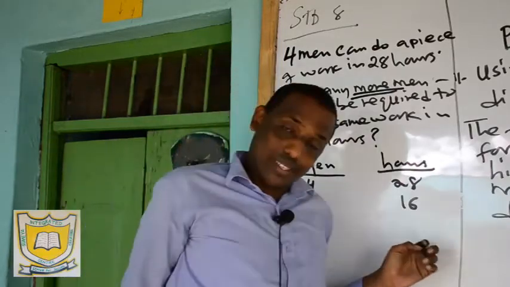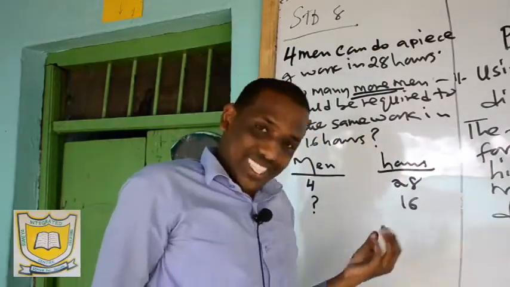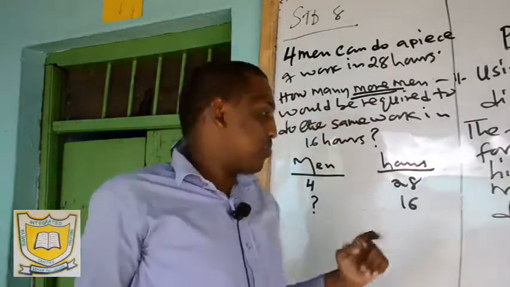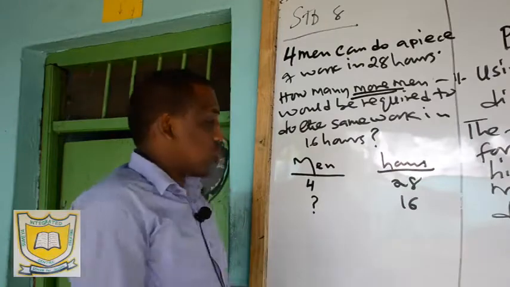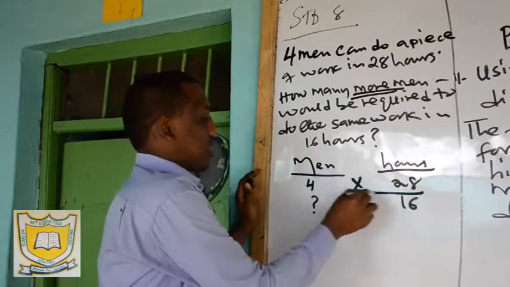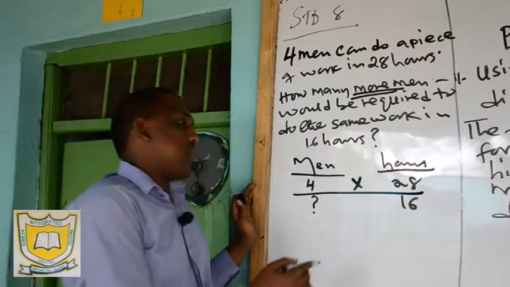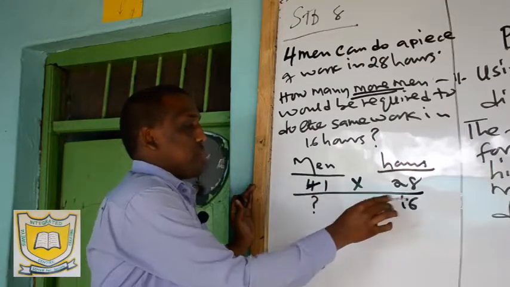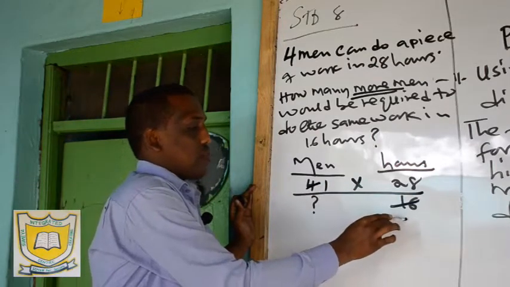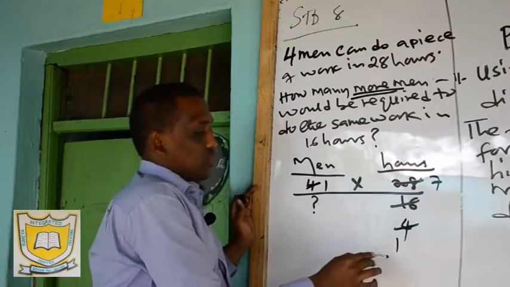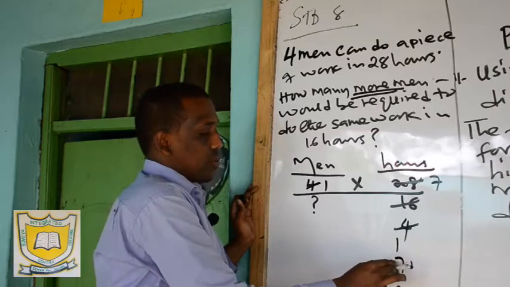Those men are many because they finished the work within 16 hours, and there are others, 4 men, who finish the work in 28 hours. So these men should be more. So it is now indirect. What do we do now? We say by 4 1, by 4 4, by 4 1, by 4 7. So here we have 7 men.